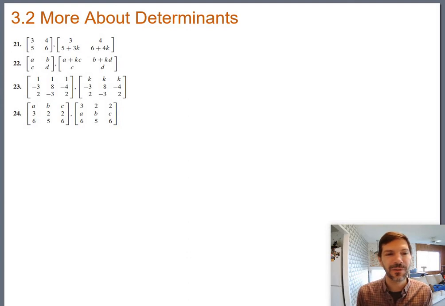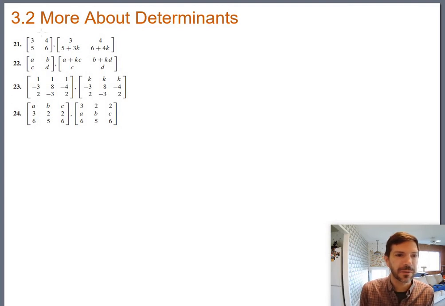In 21, they were giving you a little 2 by 2, 3, 4, 5, 6, and asking you to compare the determinant of that one to the determinant of one where they did a row operation. They didn't give you a specific row operation, they made it generic. They multiplied the first row by k and added it to the second row, and that became the new second row. You would think that would change the determinant, but let's take a look.